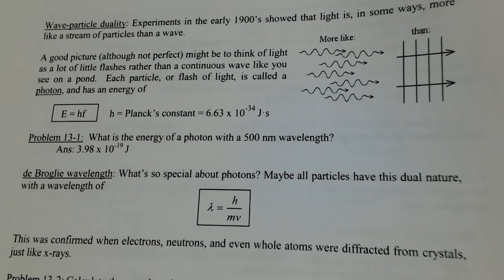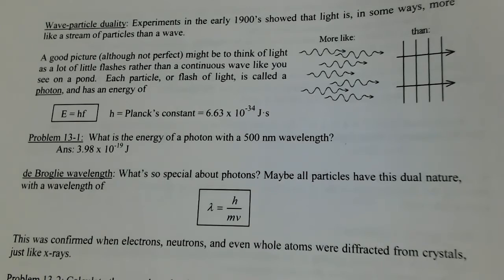And there were follow-up experiments, like it says here. Neutrons were being diffracted. I think it was 1930 when somebody was able to diffract whole neutral helium atoms off of a crystal and get an interference pattern. So this wacky sounding idea, within a matter of a few years, was experimentally confirmed.